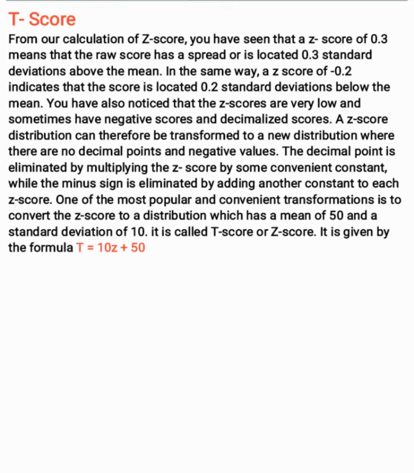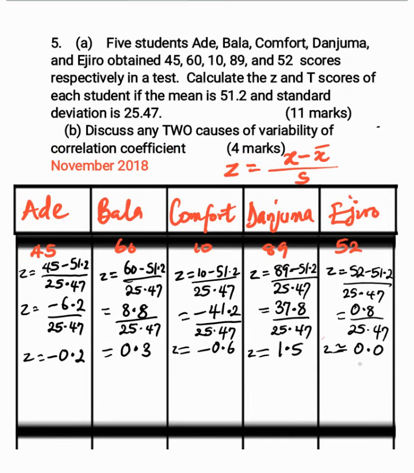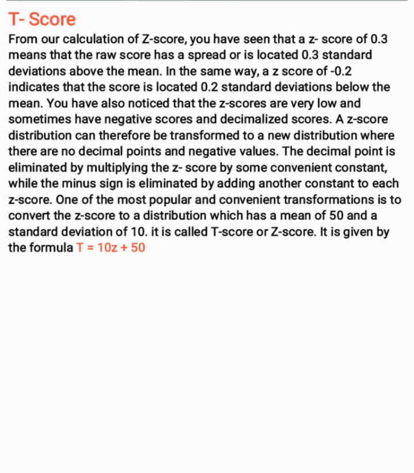In the same way, a Z score of negative 0.2 indicates that the score is located 0.2 standard deviations below the mean. If it is negative, it is below, and if it is positive, it is above. But if the Z score is 0, as in the case of A0 here, it means it is average. Take note of that.